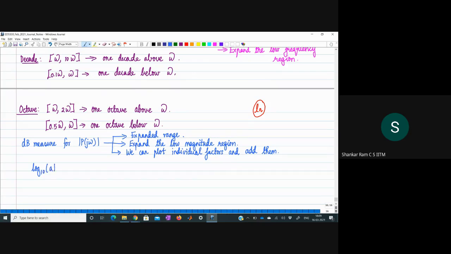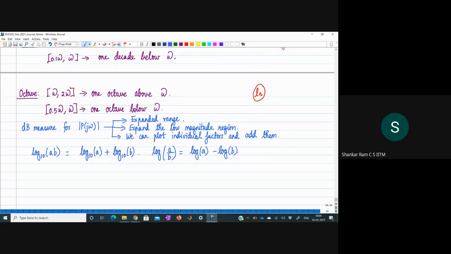If I take log of a times b, it will be log of a plus log of b, right? All of us are aware of this. As I mentioned, from here onwards I will suppress the base 10. It's understood that we are dealing with base 10. So log of a divided by b will be log of a minus log of b.